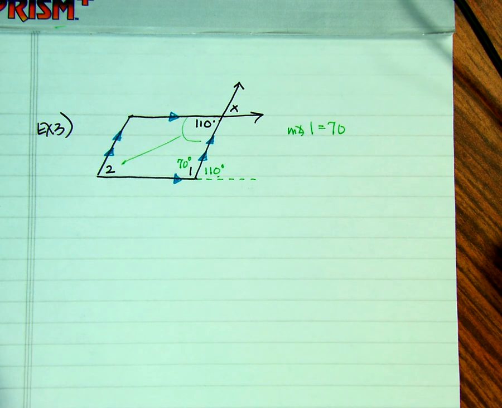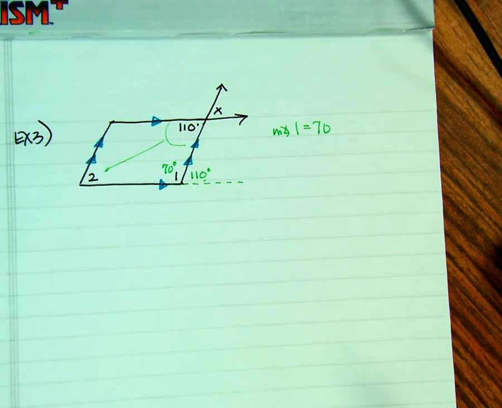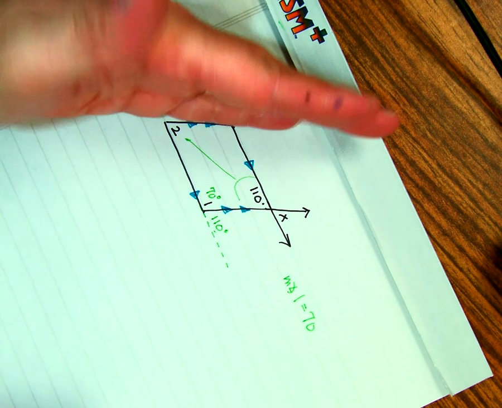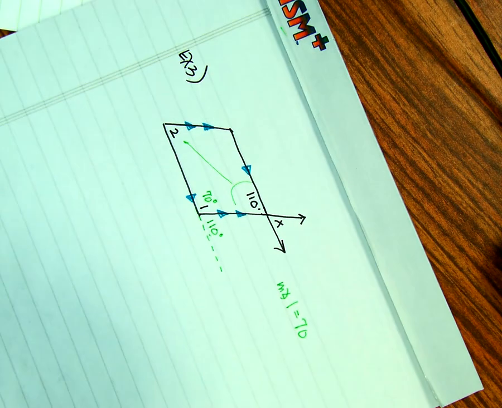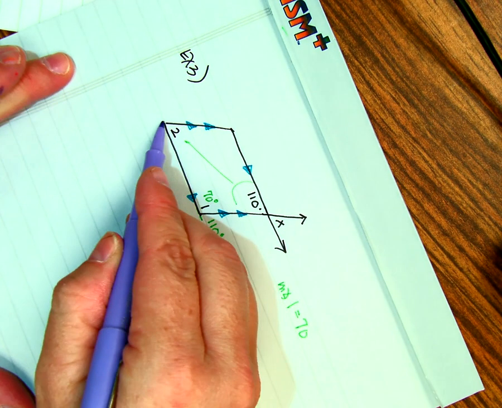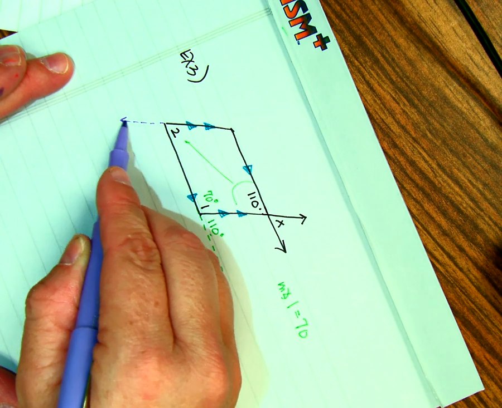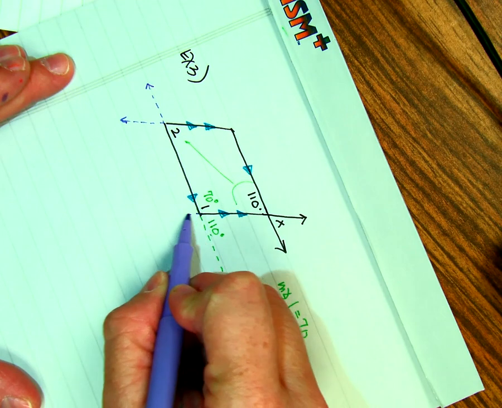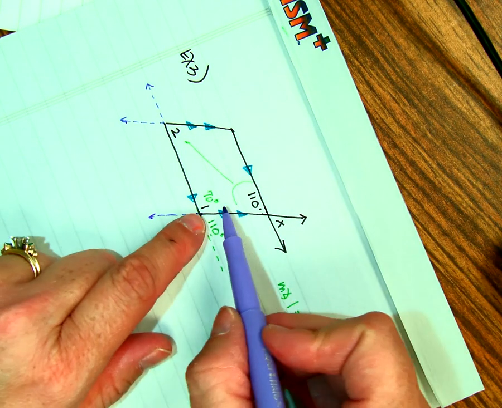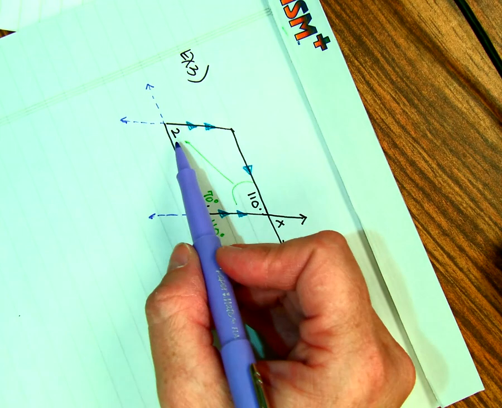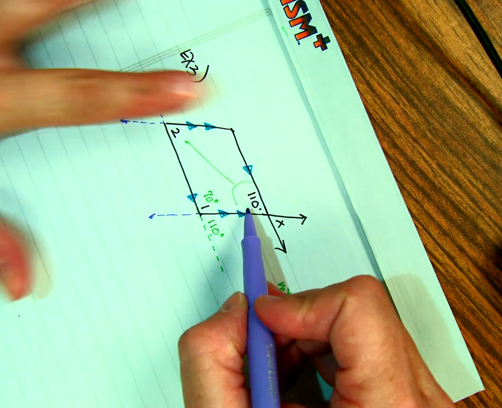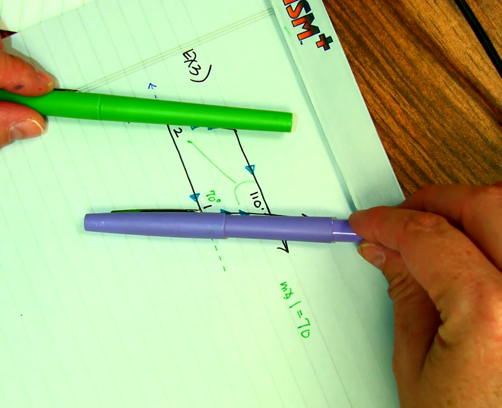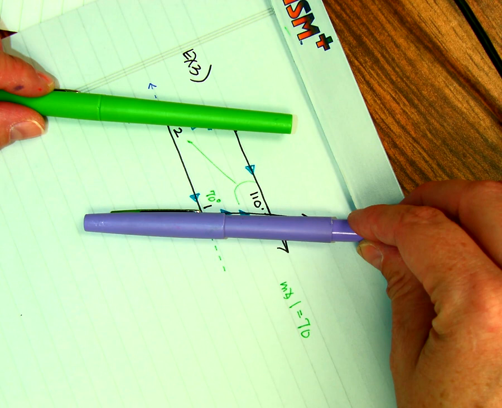For angle 2, sometimes it's helpful to turn your paper so that your parallel lines are like this. And same thing, I'm going to extend this out so that I can get a visual. So now I'm looking for the relationship of angle 1 and angle 2. There's your parallel lines, and you're looking at angle 1 of 70.